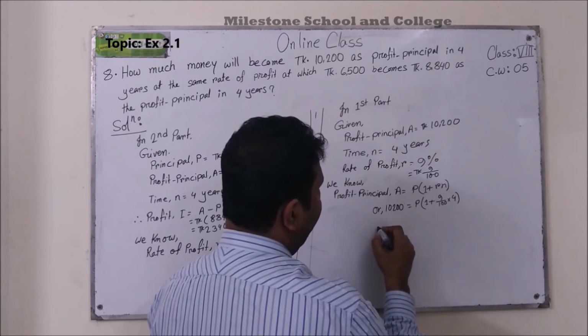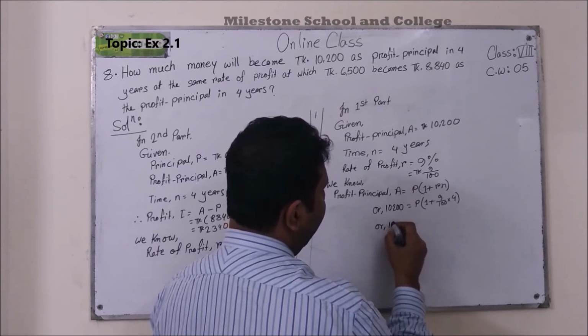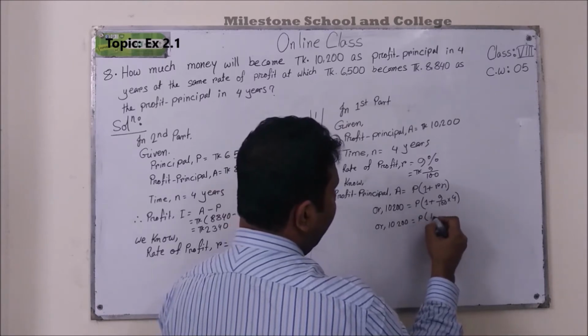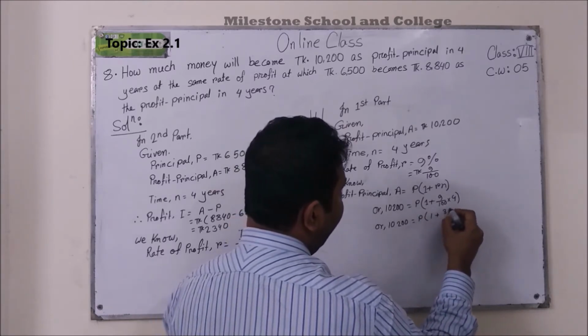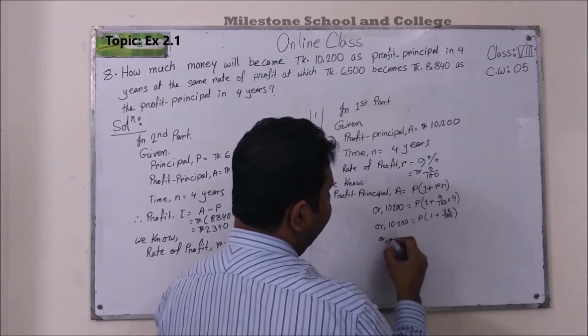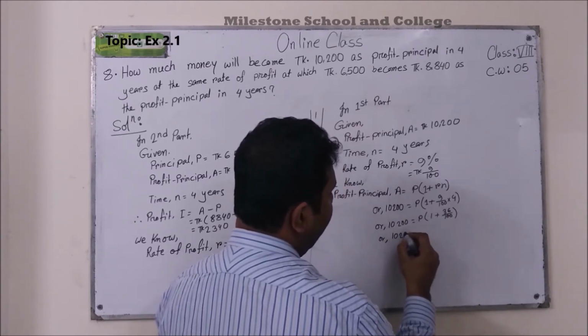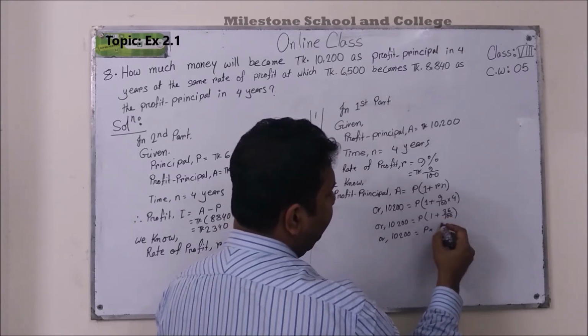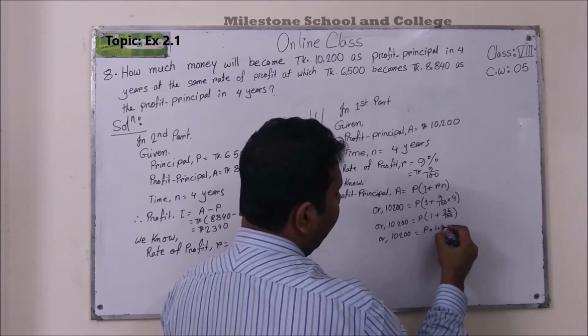So 10,200 taka equals P into (1 + 36 by 100), or 10,200 taka equals P into 1.36, if you add it using a calculator.